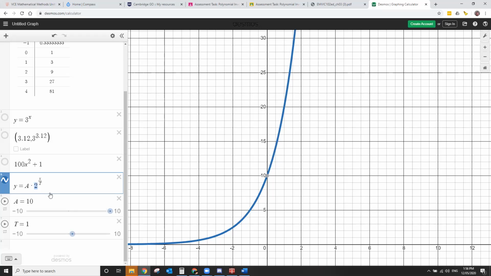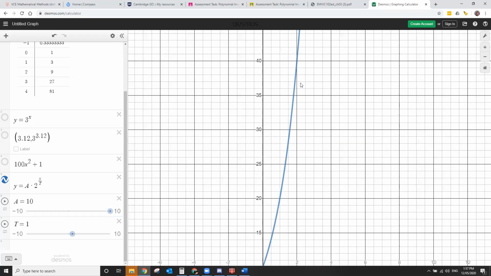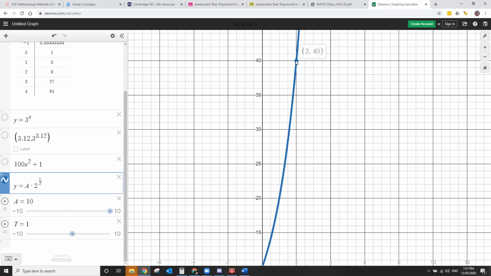The next thing we might wonder about is, we've got this 2. What is this 2 doing? It's saying for every step, we're doubling. Every time we increase the exponent by 1, we double the value. At the moment, we've set t to 1, so we can just treat this as 2 to the power of x. When x is 0, we've got 10. When x is 1, we've got 20. When x is 2, we've got 40.